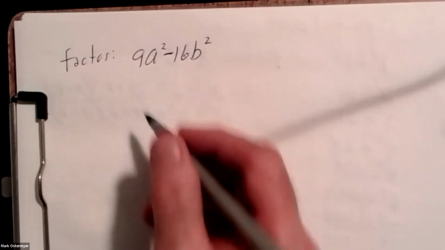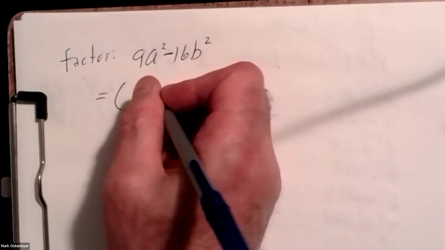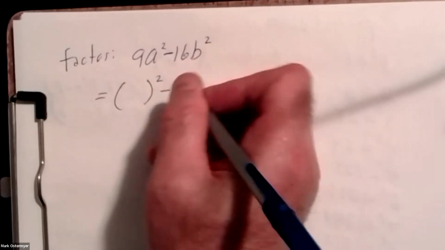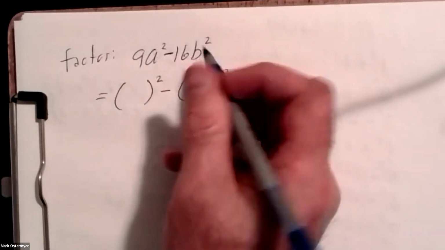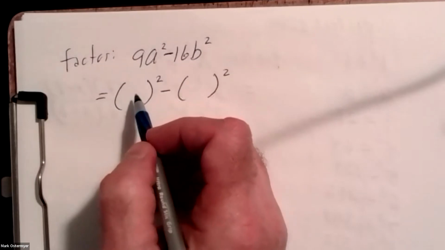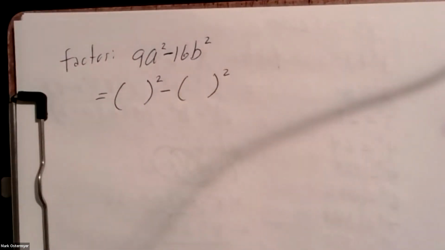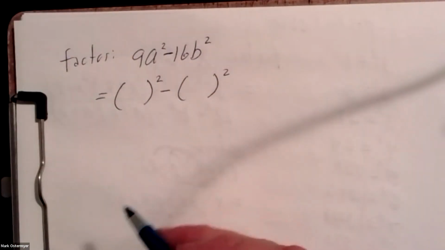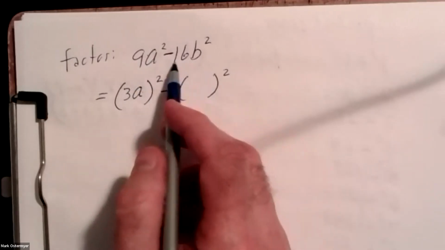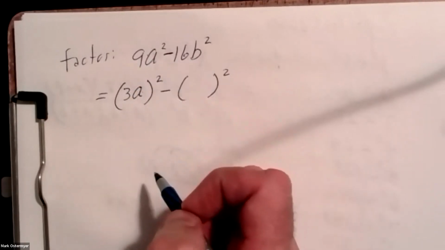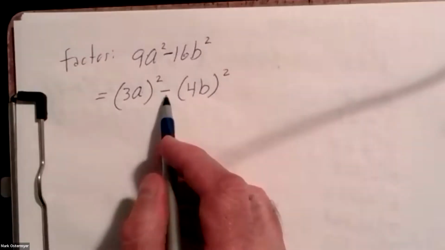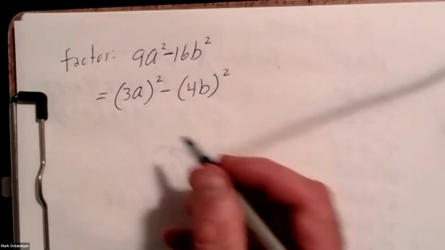It kind of looks like maybe we do. 9a squared is a perfect square of what? What do you square to get 9a squared? 3a. Yep. 3a times 3a is 9a squared. What do you square to get 16b squared? 4b. So you can see that we do have the difference between two squares.